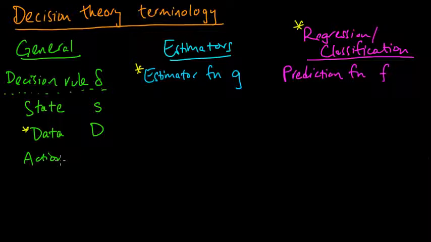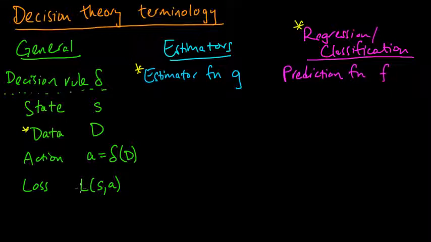Then, using the data, you choose some action. The action that you choose is your decision rule evaluated at the data. So the decision rule is a function that takes data and gives you an action. And you incur some loss, L of S and A, loss as a function of the state and the action that you took.